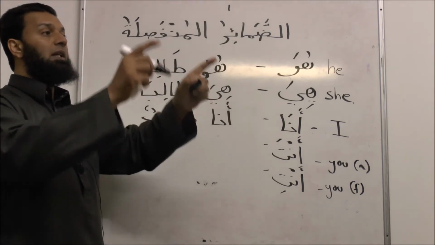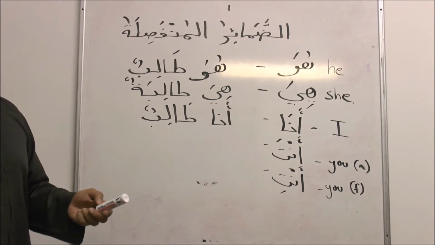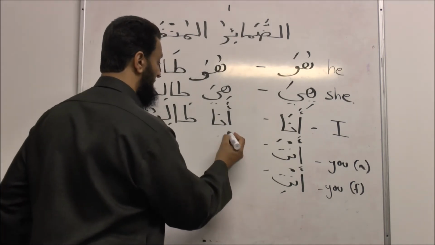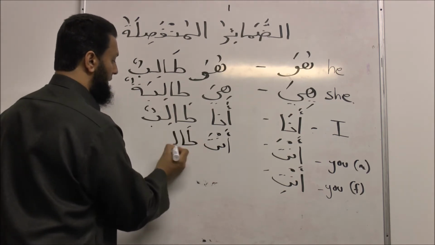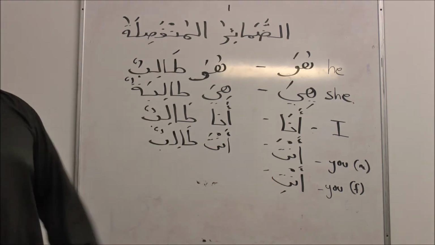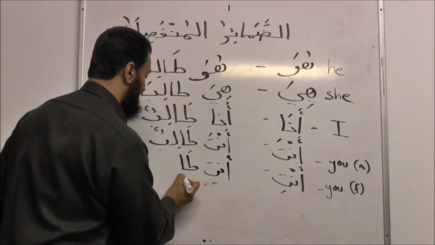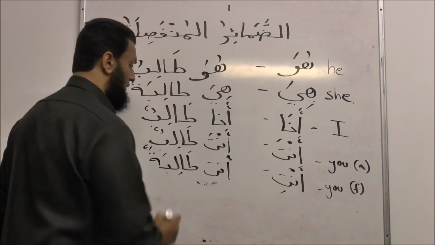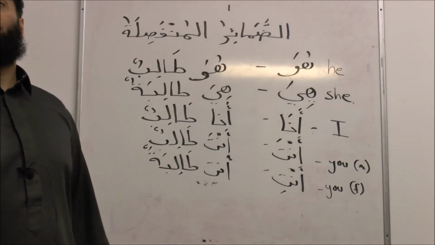So if you're speaking to a single male student, you would say anta talibun. And if you're speaking to a single female, you'd say anti talibatun. And the other one that I wanted to mention is we, which is nahnu.